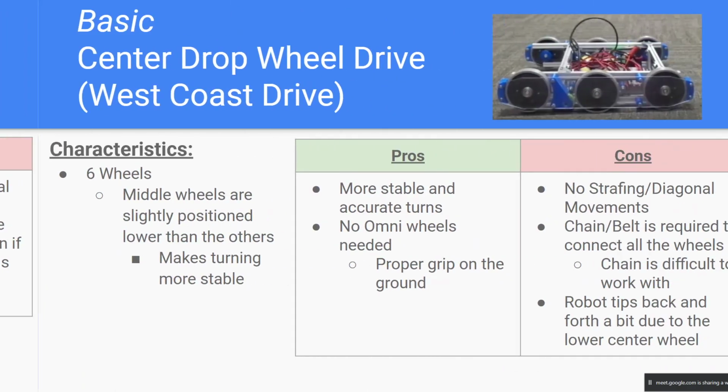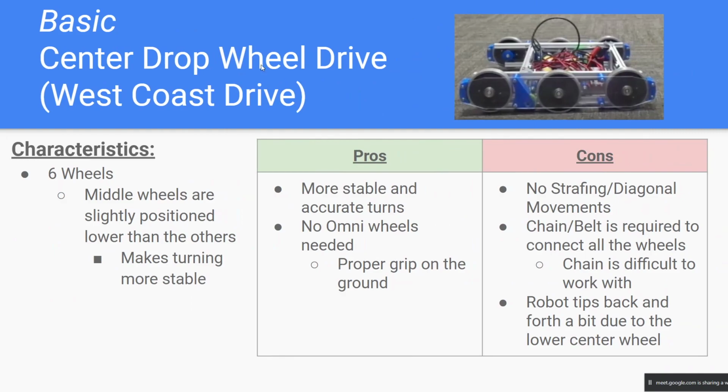Okay, so this is the center drop drive. This one's kind of interesting. It has 6 wheels, as you can see. However, it's very slight, but the middle wheel is positioned lower than these 2. The reason for this is, like I stated with the 4-wheel drive, turning it'll skip and vibrate, and your robot will shake a little.